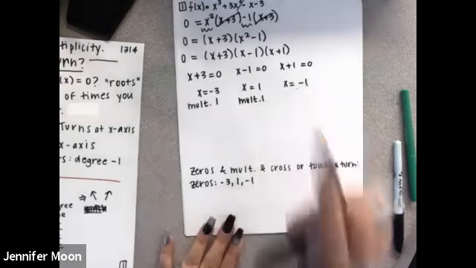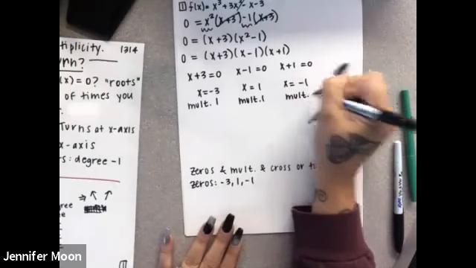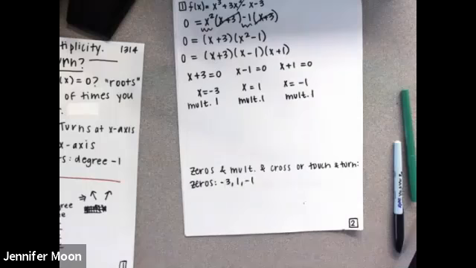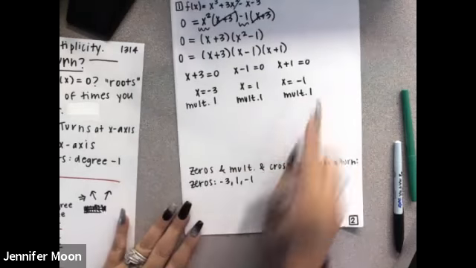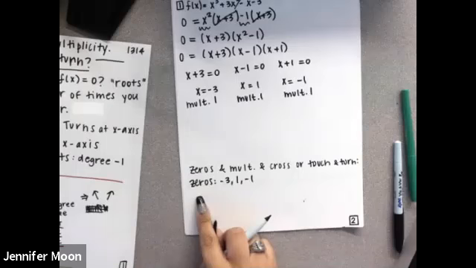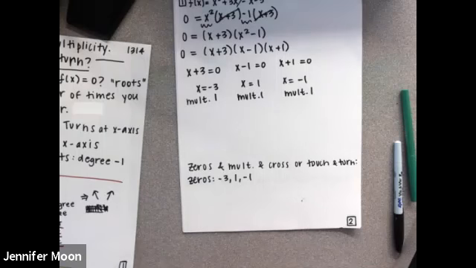So right here, I have x equals -1 1 time. That means my multiplicity is 1. I have it written here, but if you wanted to rewrite it, you could say -3 has a multiplicity of 1, -1 has a multiplicity of 1, you could write all that out, okay?